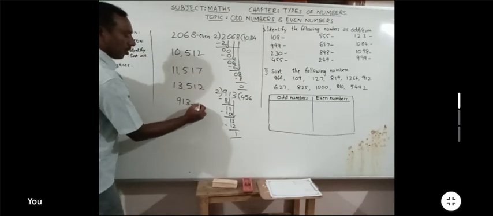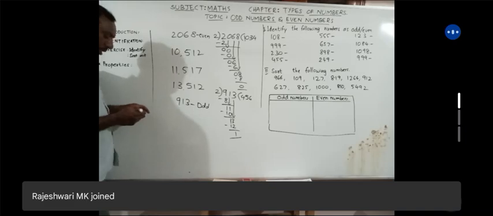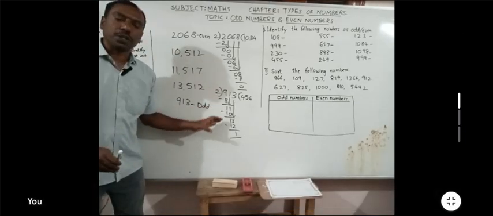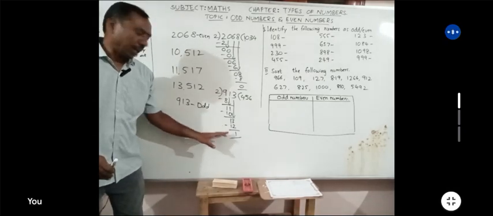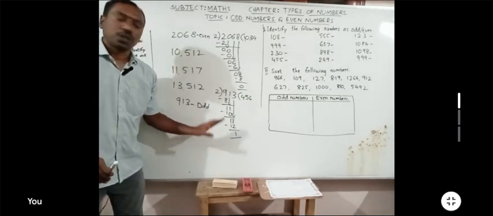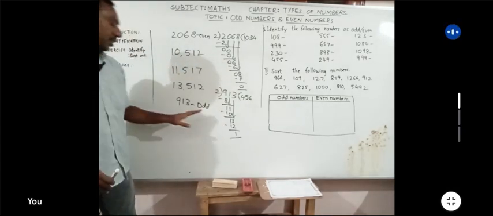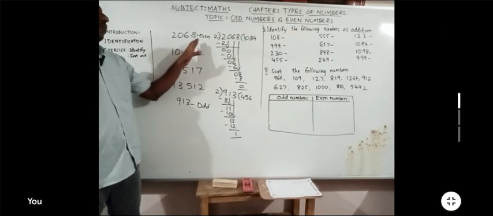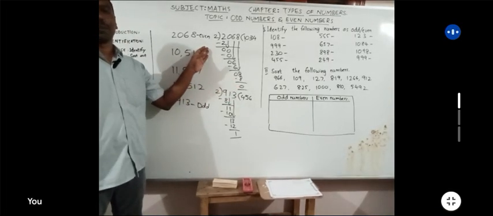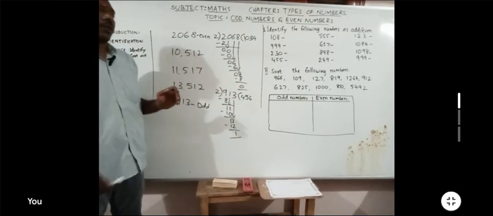So this is an odd number. When you divide that number by 2, if you get remainder 1, that number is an odd number. If remainder is 0, then that number is called an even number.